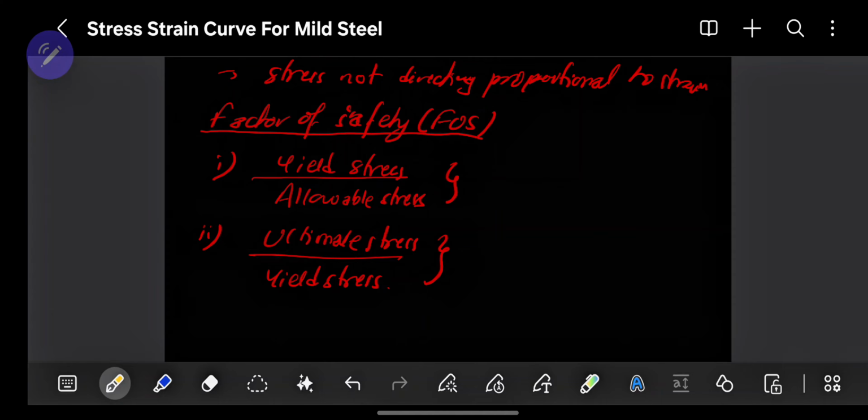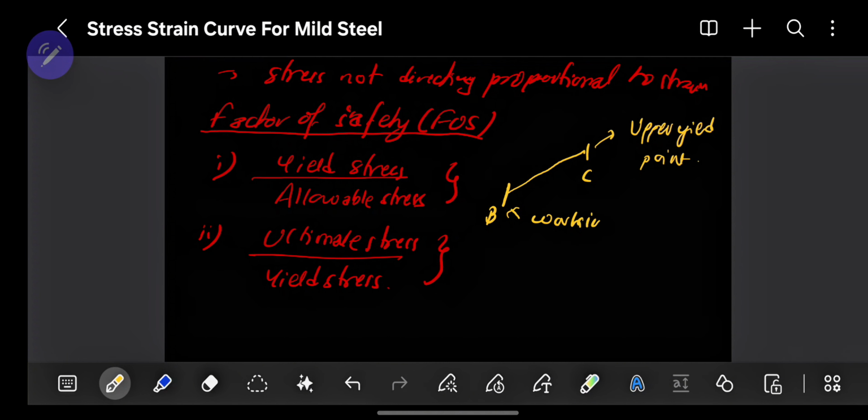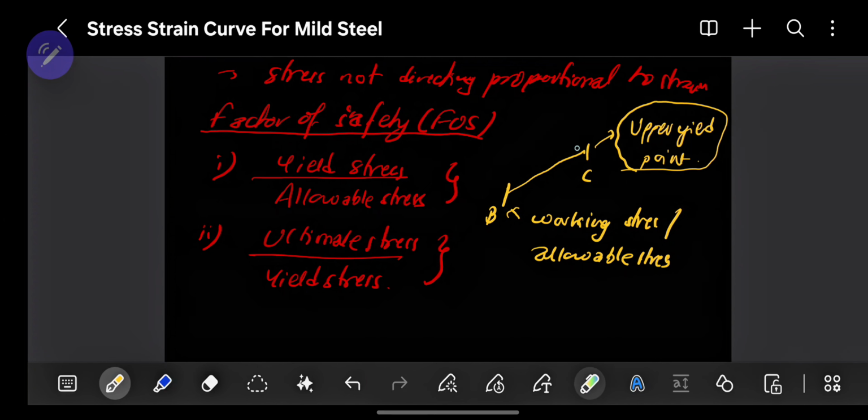So where does this factor of safety lie? The first factor of safety lies between the region B to C, where C is the upper yield point and B is actually the working stress or allowable stress. The region C is exactly called the upper yield point, or the stress here is known as yield stress.